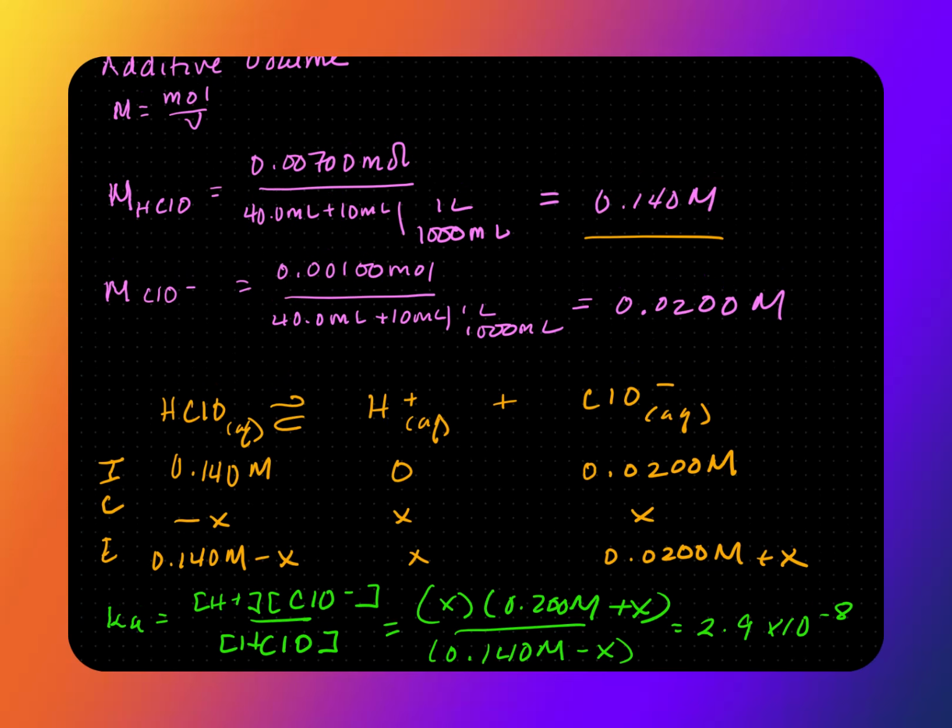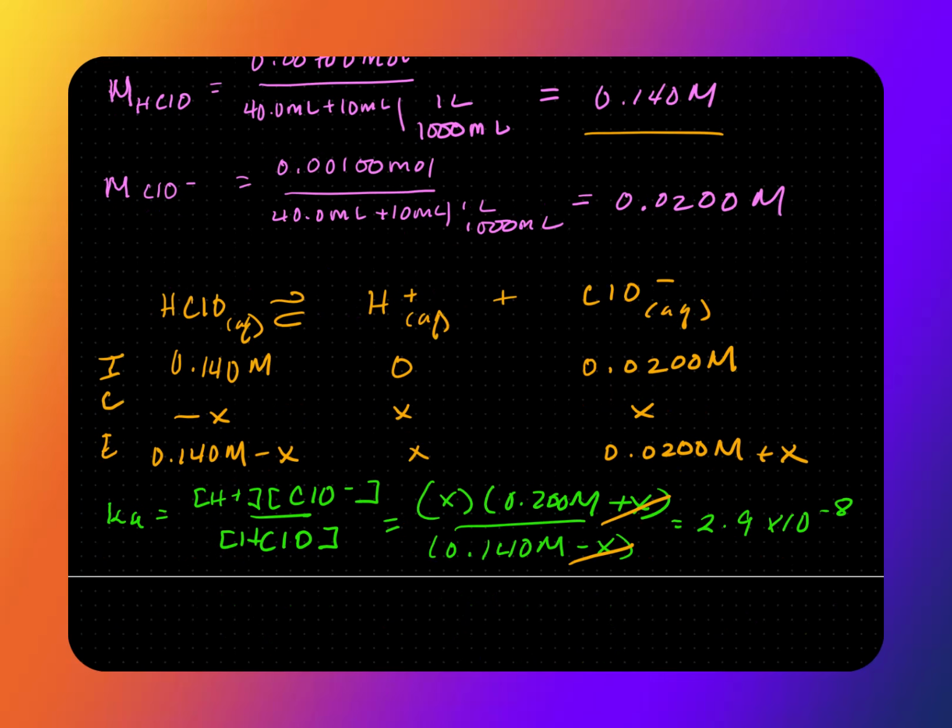I am going to assume that the 5% rule is valid here. You could double check later, but since the exponent of the Ka is so small, HClO is going to dissociate very little. So then X is equal to 2.0 times 10 to the negative 7th molar.